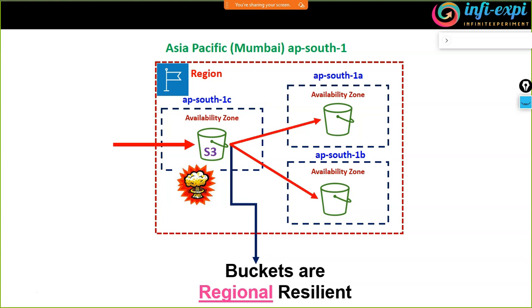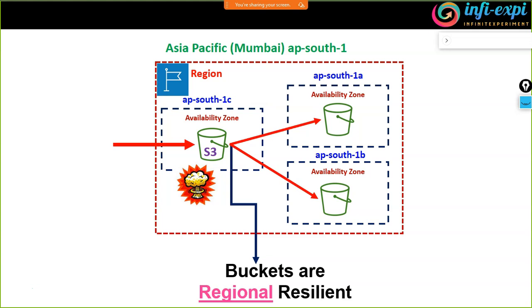But since there is a replication of that bucket in the other availability zones, you still have access to your data without any downtime, right? So S3 buckets, to be highlighted, are a regional resilient service. These are some of the exam-based questions you might get. So please be noted that S3 buckets are regional resilient, but not global resilient.